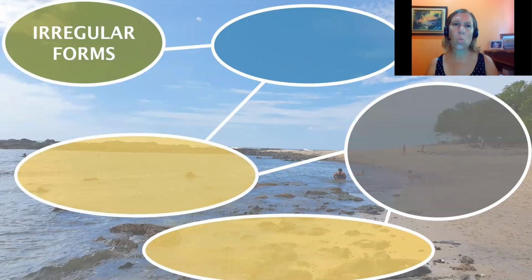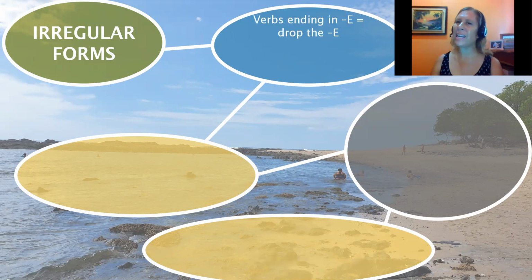Okay, so when the verb is normal, you just add ing to the end of it, like doing, going, talking, eating. Now, verbs ending in E, it's an irregular because we have to drop the E. When we drop something, it means we get rid of it.